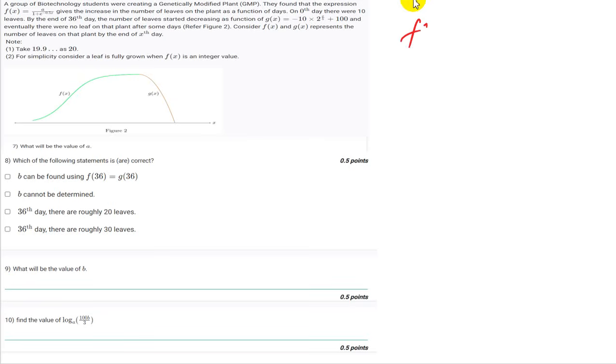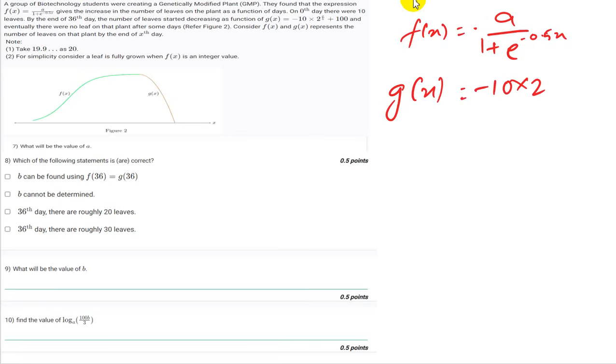So we have function f(x) = a/(1 + e^(-0.5x)), and the function g(x), which is a decreasing function, as 10 into 2 upon this, x by b plus 100, and eventually there were no leaves on the plant. That means the graph is going to 0, as you can see in the graph.